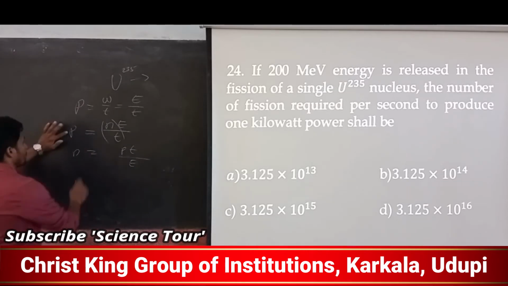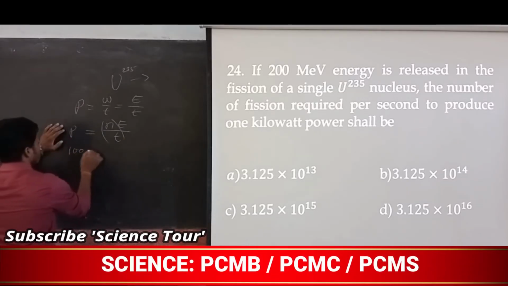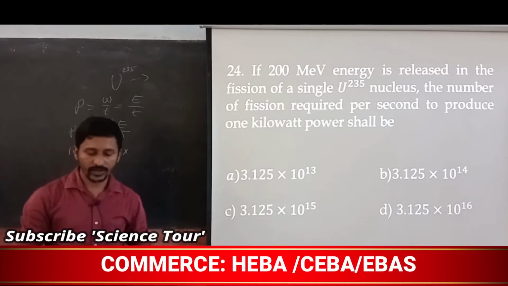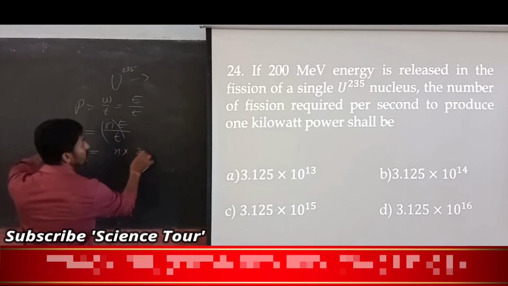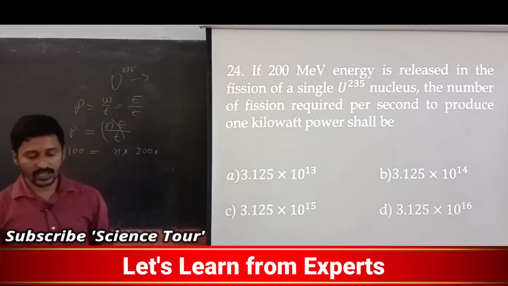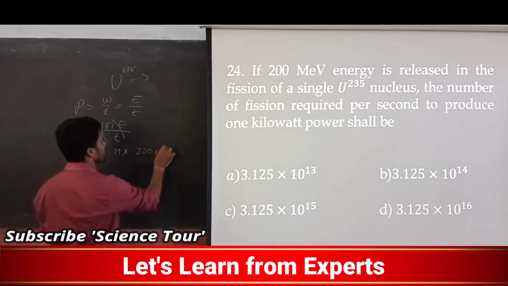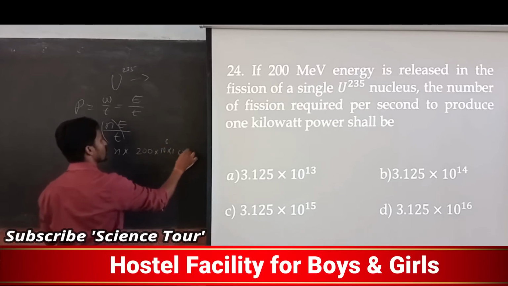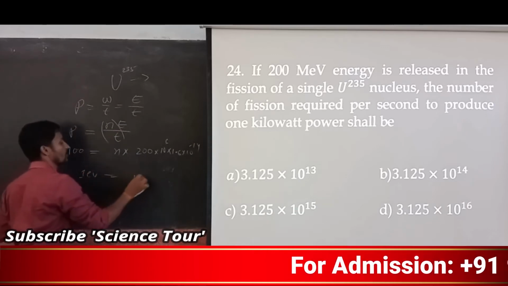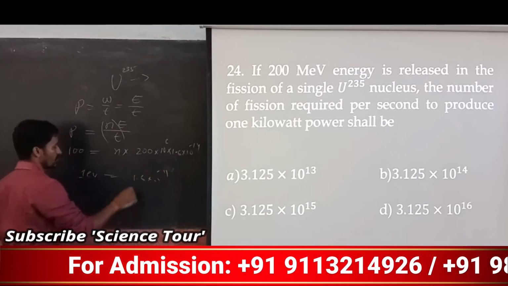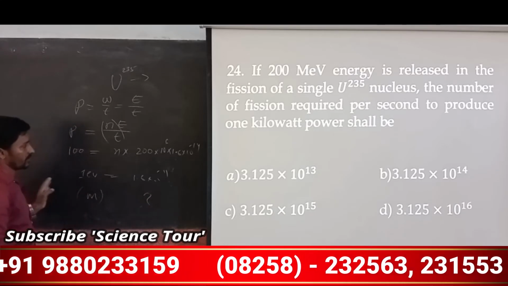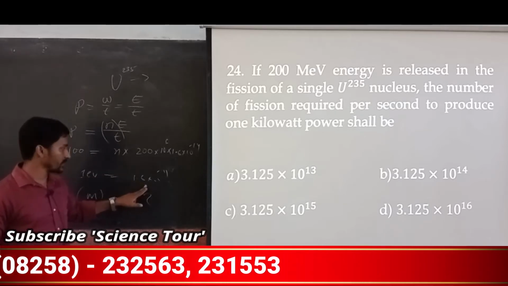If you directly apply it in this problem, that is 1000, which is equal to N times the energy, you have to find N. And the energy will be 200 MeV, which in terms of joules is 200 into 10 to the power 6 into 1.6 into 10 to the power minus 19, because you know that 1 eV is equal to 1.6 into 10 to the power minus 19 joules.